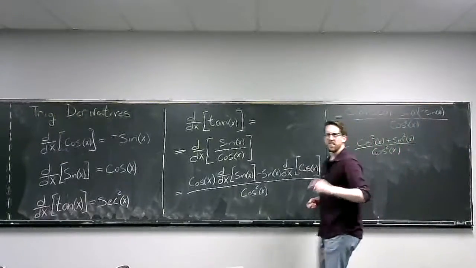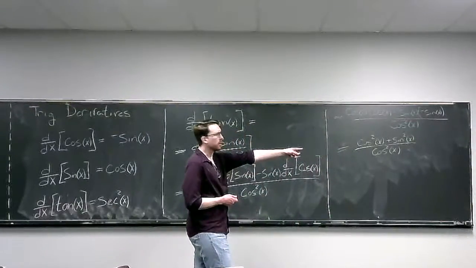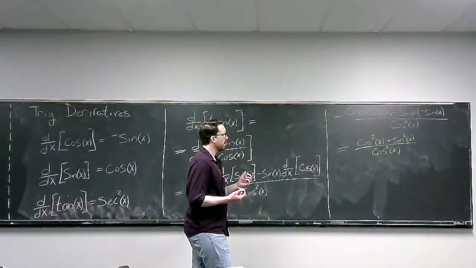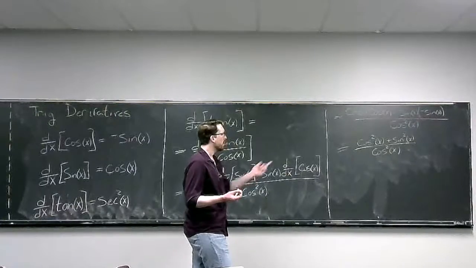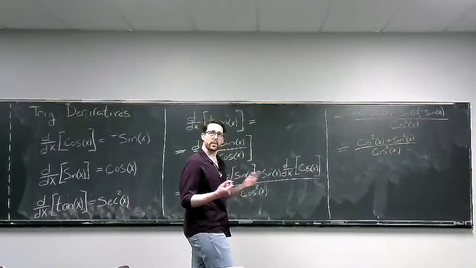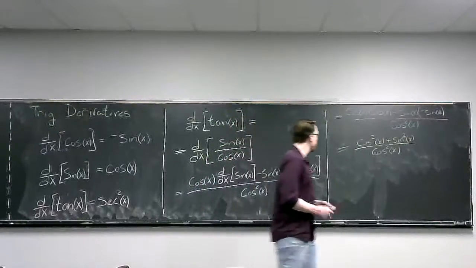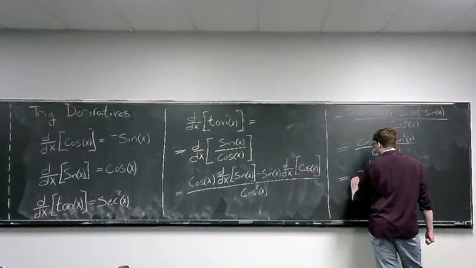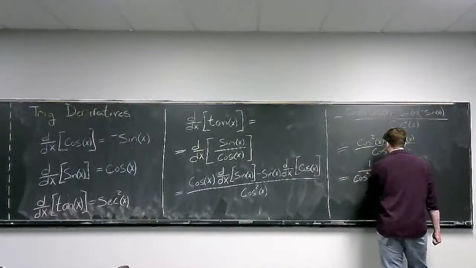And hey, we have an identity for this. That numerator is just a Pythagorean identity, right? So it's going to come out to be 1, because cosine squared plus sine squared is just 1. So this all comes out to be 1 over cosine squared of x.